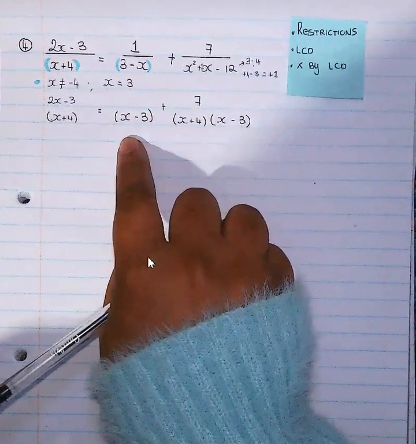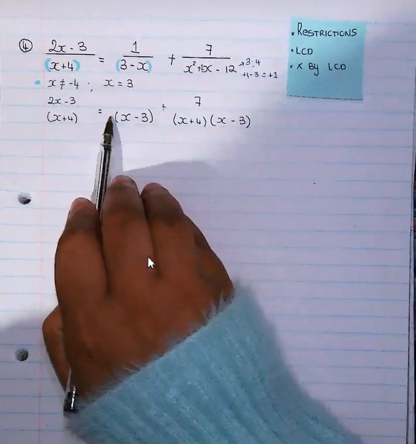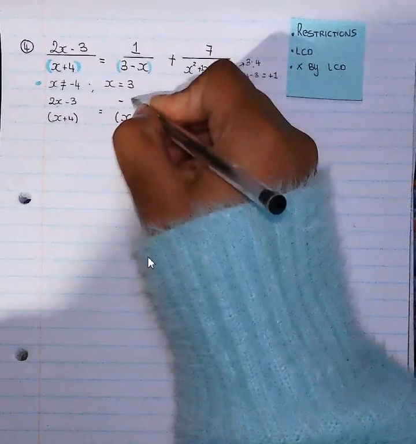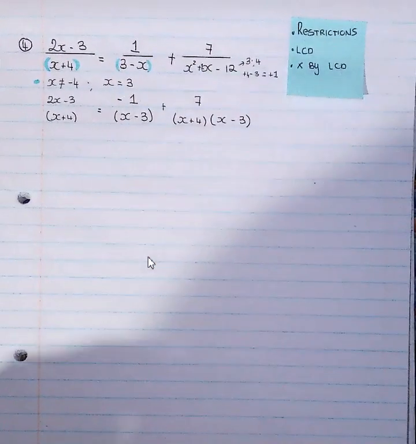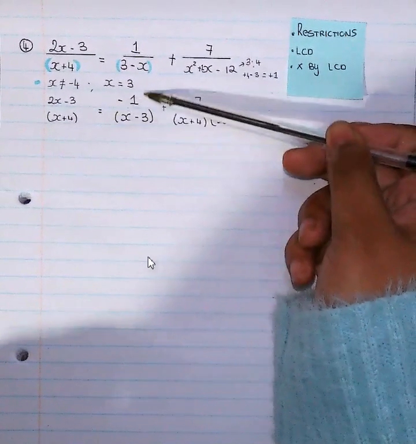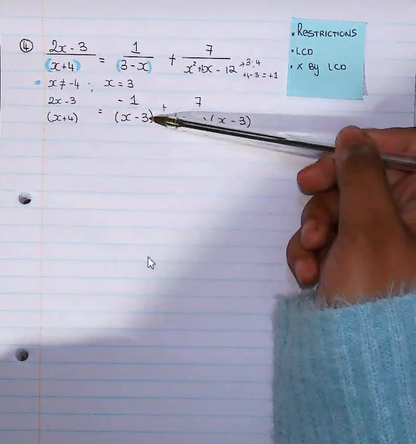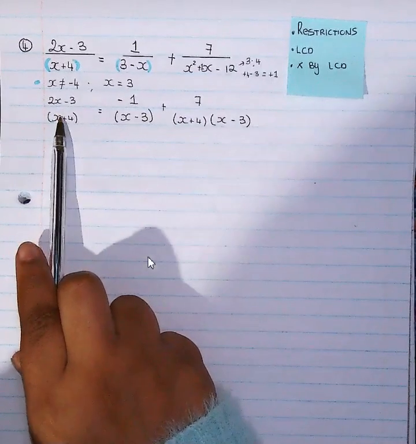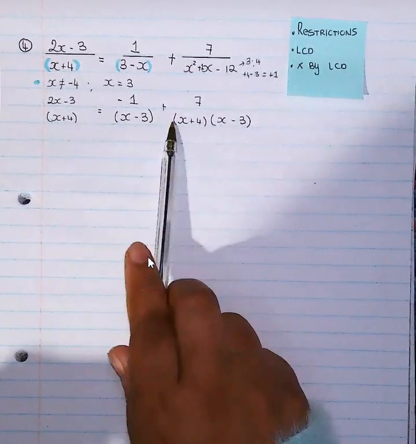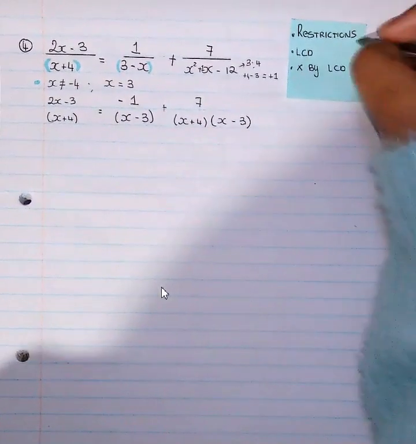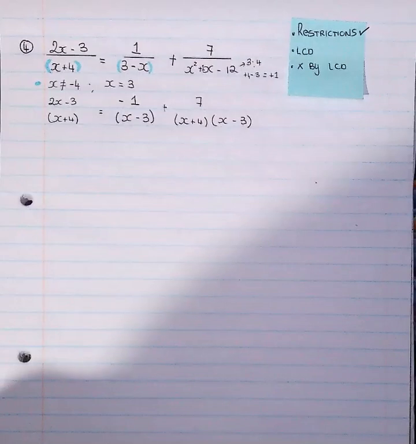Instead of putting the negative over here, I'm going to put it in the numerator with the 1. When it comes to fractions, the negative sign's placement does not matter, because at the end of the day, this fraction is still negative. So at this point I have one term in this denominator, one term here, and one term there. So we have now successfully factorized, and we move on to finding our LCD.